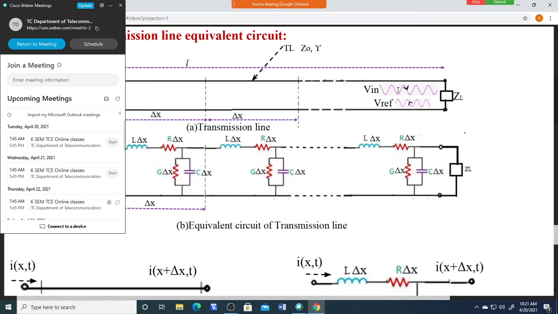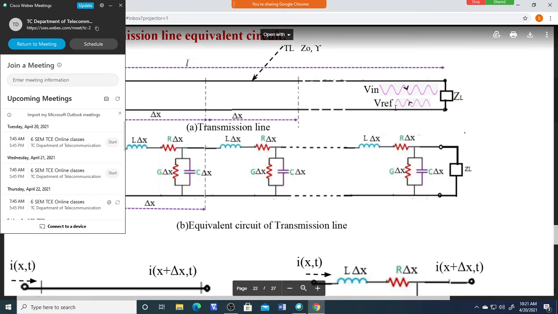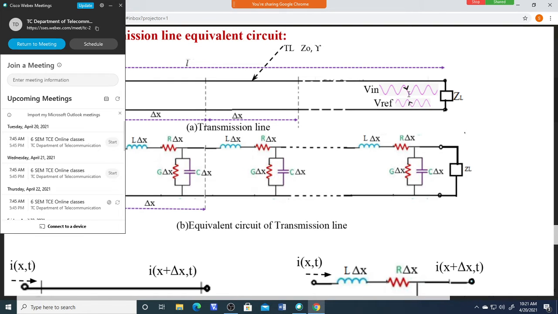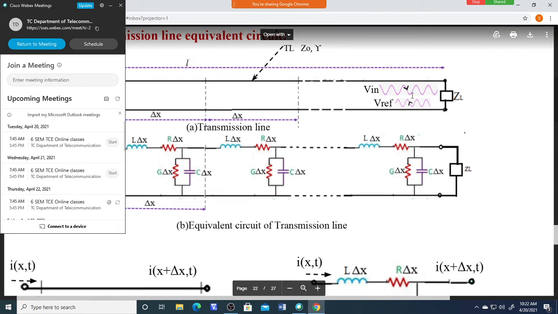This is the wave incident here, with a particular amplitude and phase. With respect to this incident wave, how much does the reflected wave deviate in amplitude and in phase? If you know ZL and Z0, there is a relation.